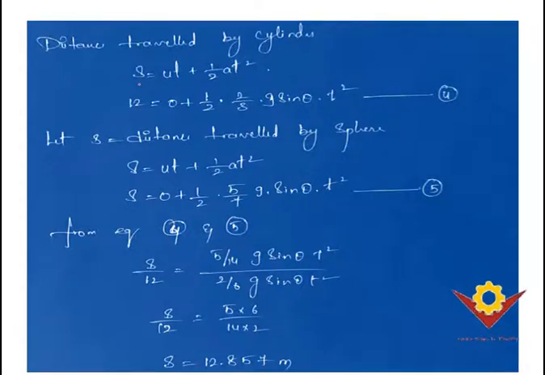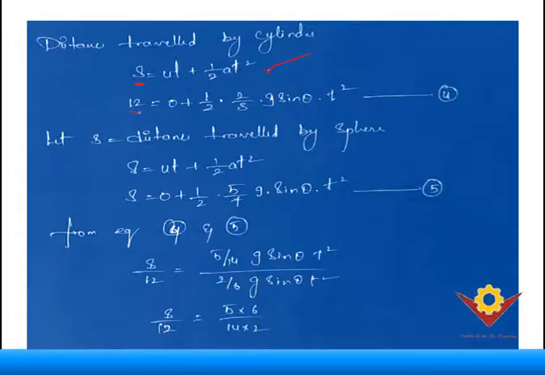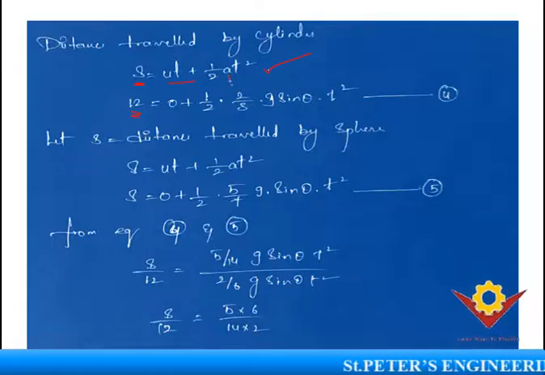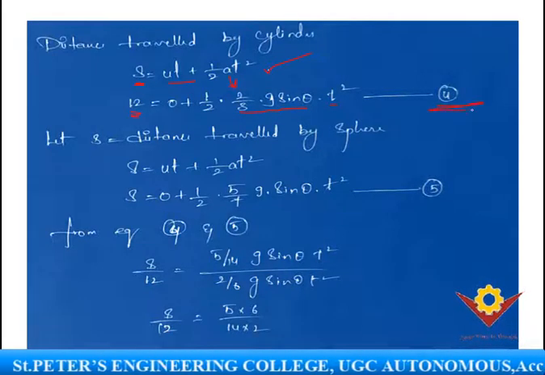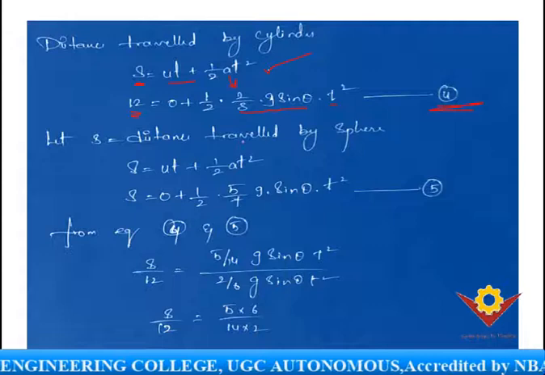Now for the distance traveled by the cylinder, take the equation of motion s equals u t plus half a t square. Here the distance traveled is 12, the initial velocity is 0, and you have the acceleration of the cylinder. Substitute it here, and make it equation 4.